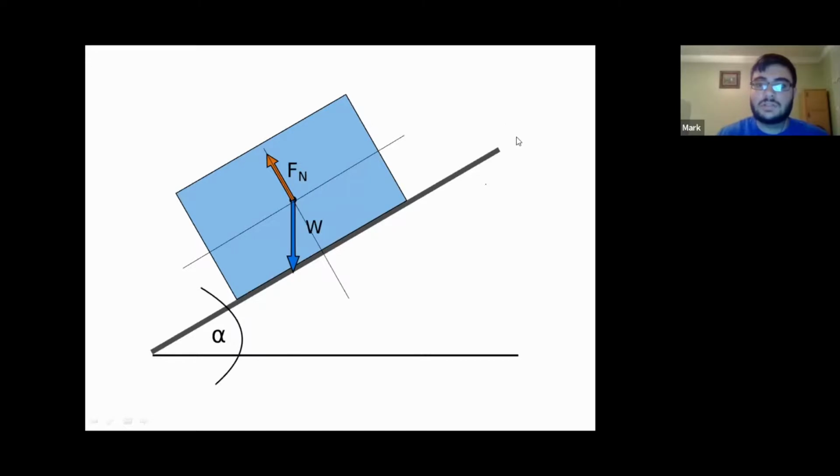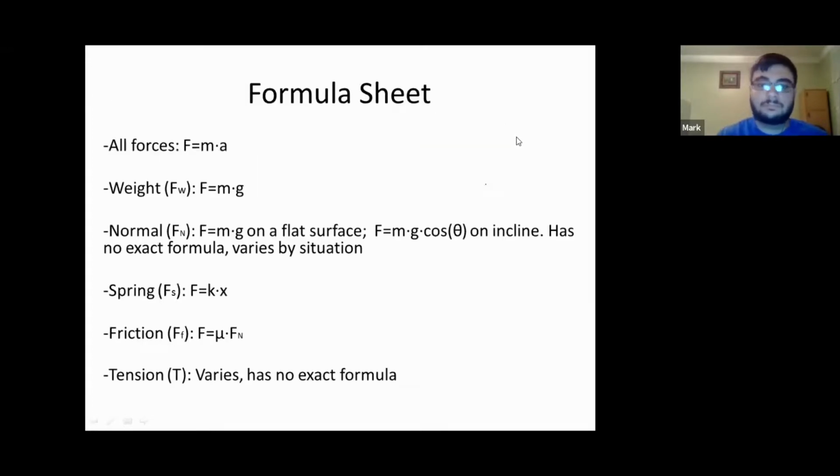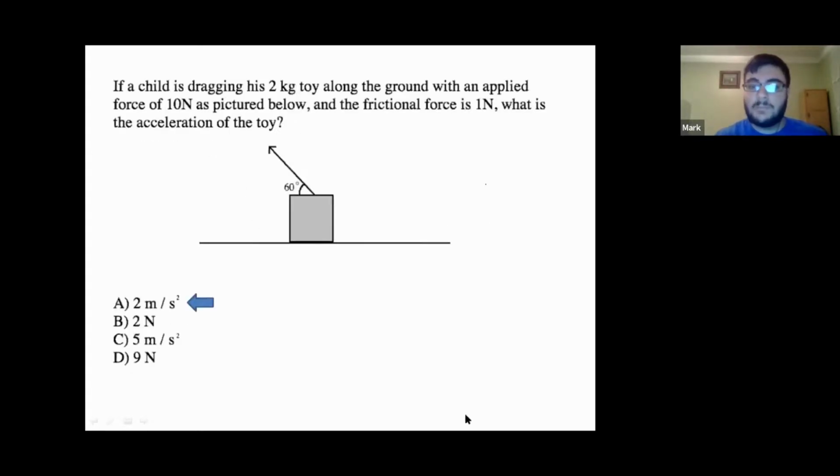On an incline, it's always just mg cosine theta, right? But there's no exact formula, and it varies by situation. Like in this case, I actually incorrectly said at the beginning that normal force is equal to mg. It's not, because if you notice, mg is going down. This one has a y component of the applied force, which is 10, times sine 60.